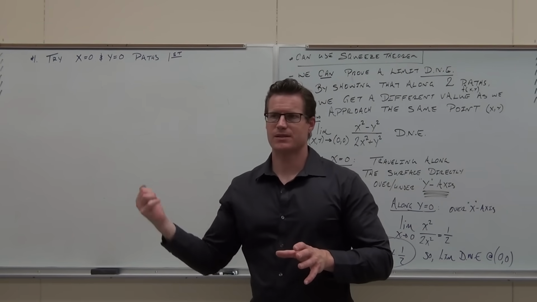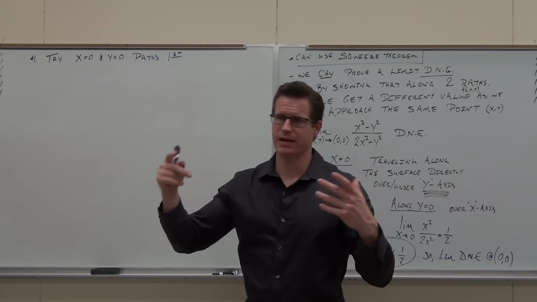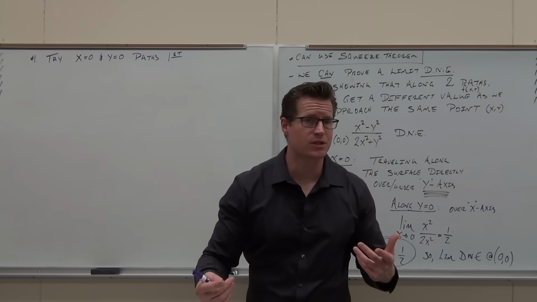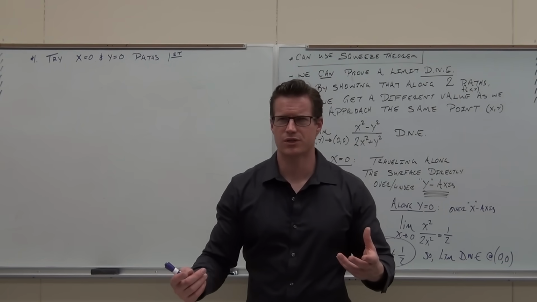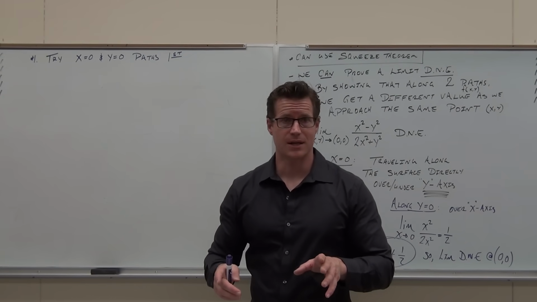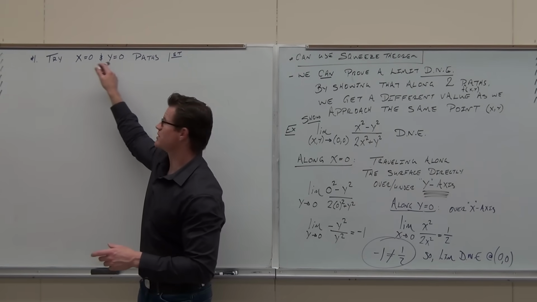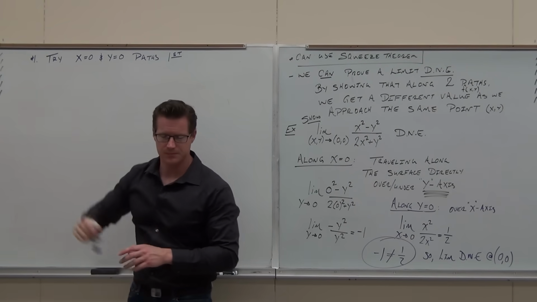Listen carefully, this is not going to work all the time. If you do x equals 0 and y equals 0 and you get the same value still, have you proved something exists? Have you proved something doesn't exist? No. That's the worst case scenario. Then you ask, okay, what do I do now? Try another path, but always use one of these as one path.